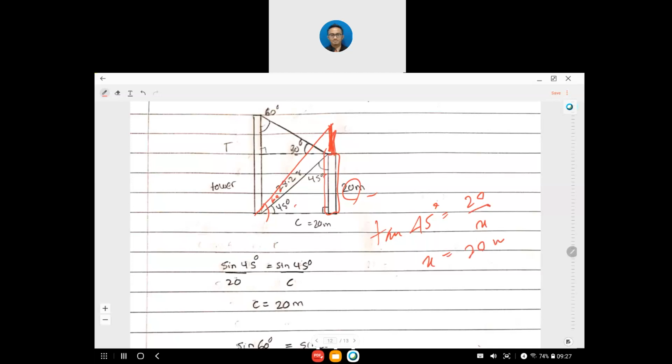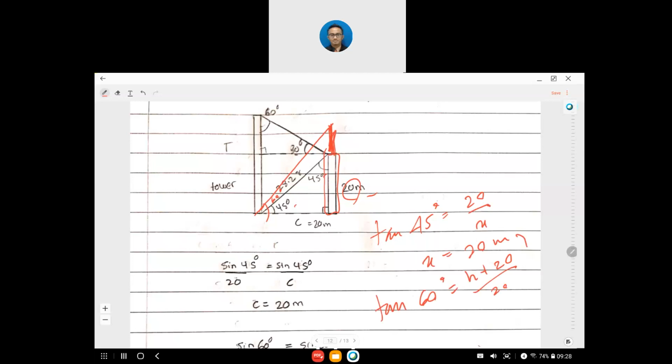Okay, and then the second one, tangent 60 degree equal to h plus the value 20 that you have below ni, yang ni.